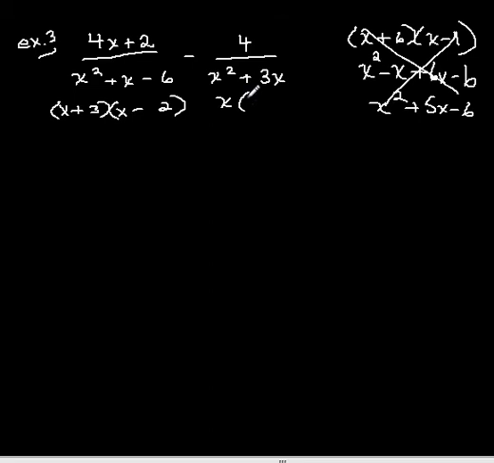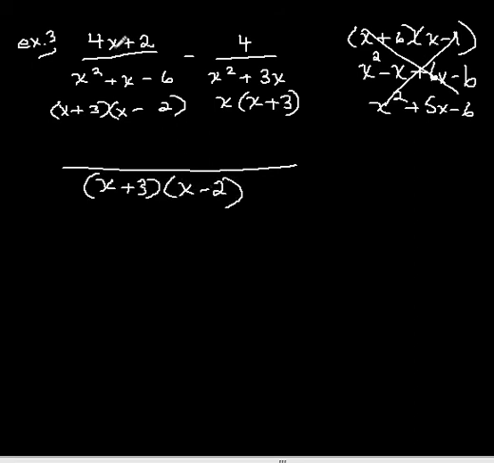Okay, here we go again. We're going to take out an x, and we get x plus 3 is what's left. Now for our common denominator. On the top, we could take out a 2, but it doesn't help us any, so we won't do that. Our common denominator, we need all of this, x plus 3 times x minus 2, and in this denominator we need an x, so we need to add an x here.